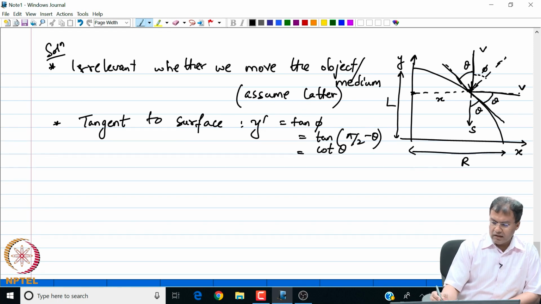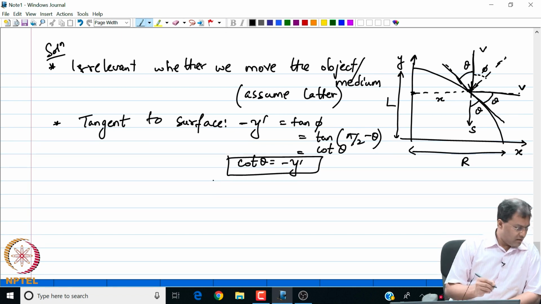Let me say that the tangent has a negative sign because it is a decreasing slope. So, what I get is that cot theta is equal to negative y prime. So, that is what I wanted to say.